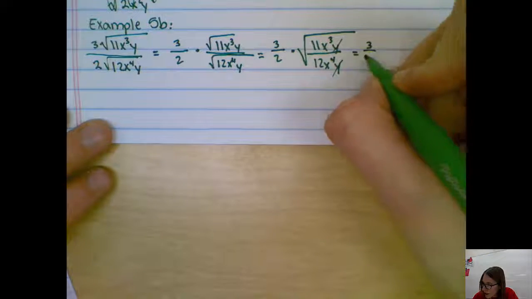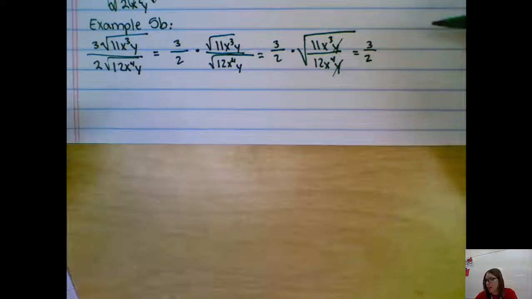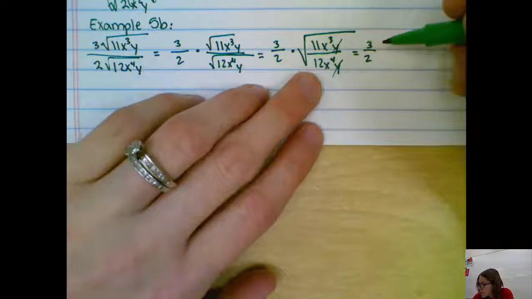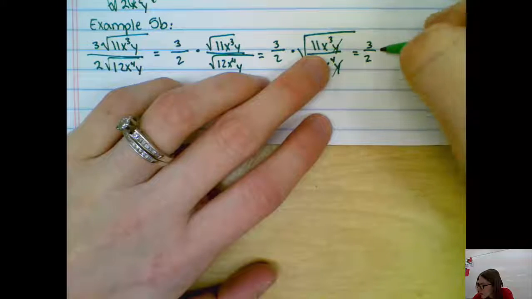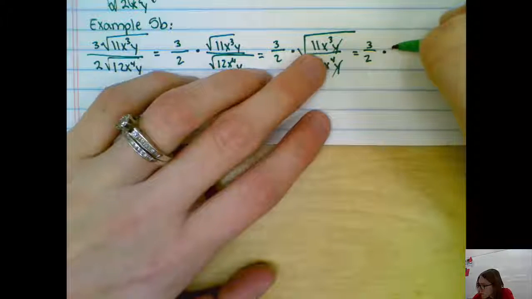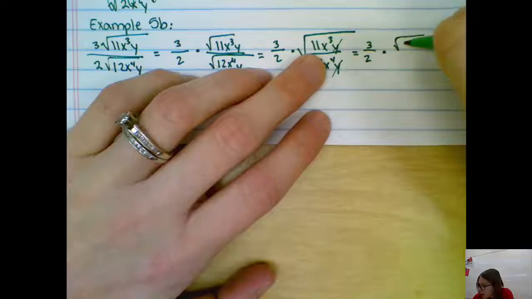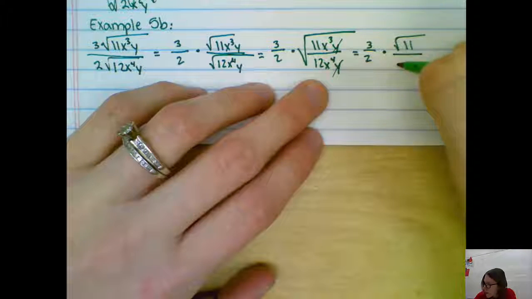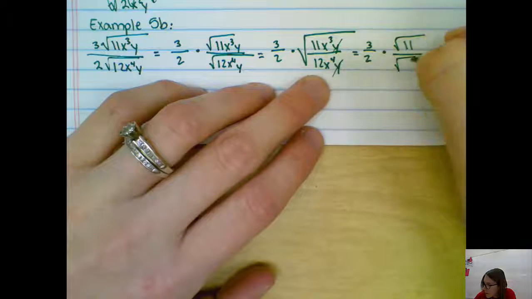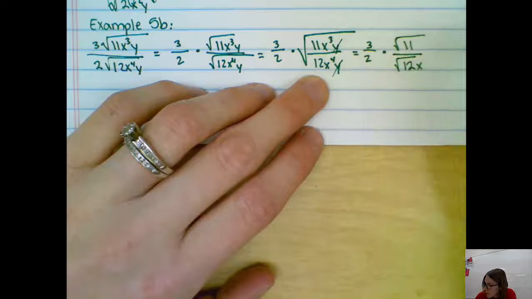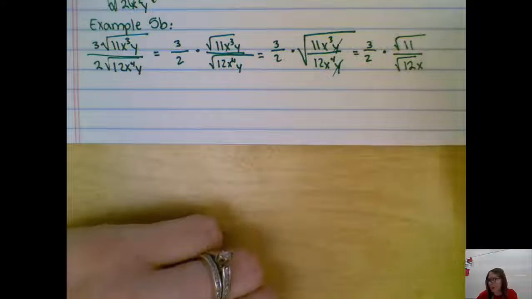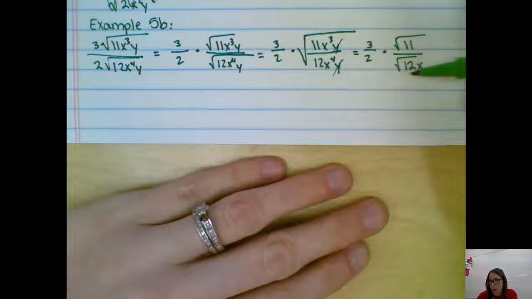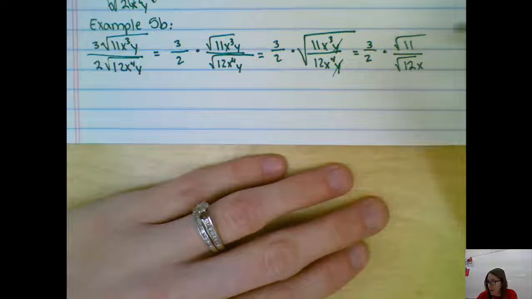So that 3 halves out front, that's still just kind of tagging along for now. We said that x will cancel out on top, leaving us an x on the bottom. We get this.